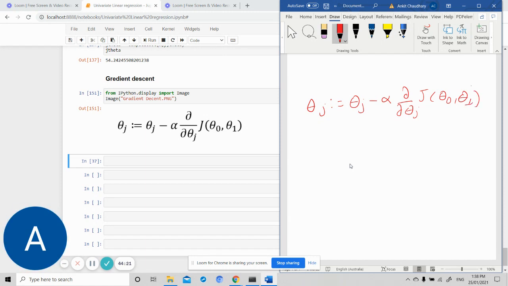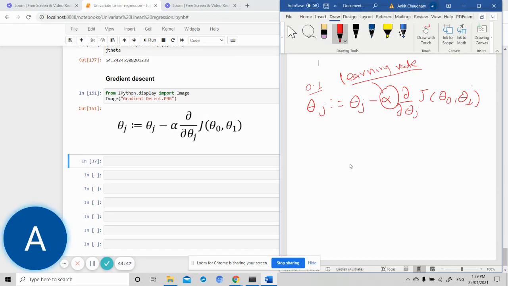Okay, so this alpha is our learning rate. What is the learning rate? It's the step that the model takes to run. It ranges from 0, we start from 0.1. So it's how much step should we take while running a model.